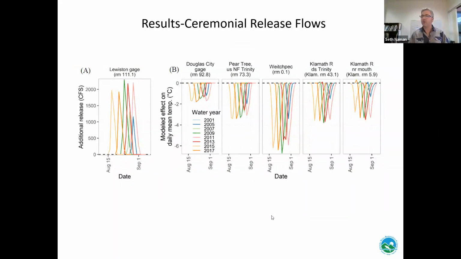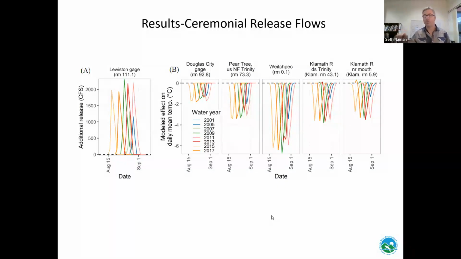Also on the Trinity River, as a lot of you may know, on the Klamath side, in even years, the Yurok tribe has a ceremonial flow release, and in odd years, the Hoopa tribe has a ceremonial flow release from Trinity. And this is the effect on water temperatures from those ceremonial flow releases in the lower Klamath.